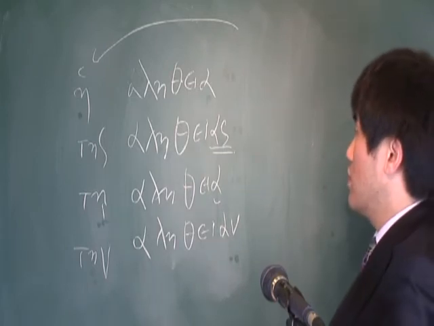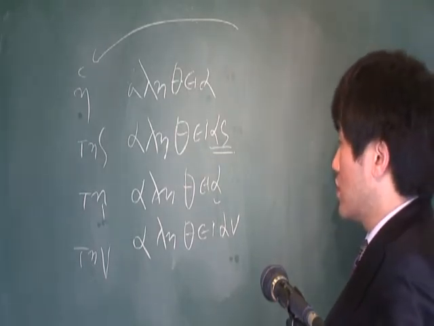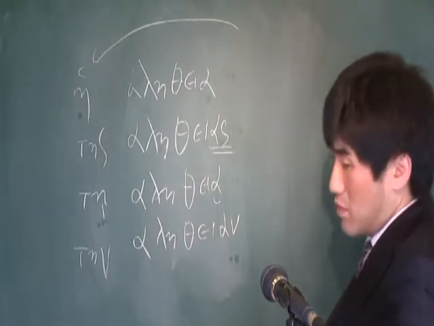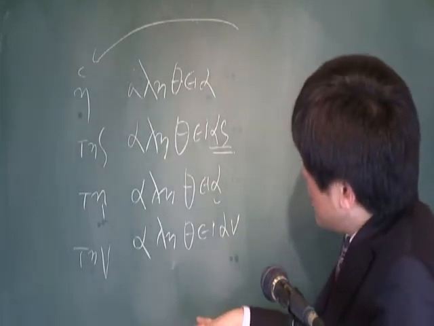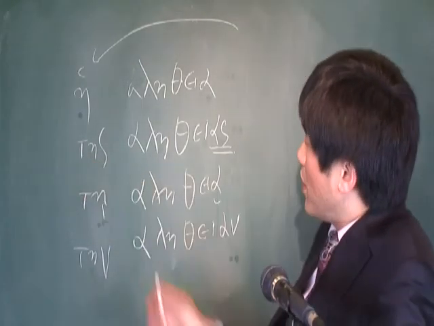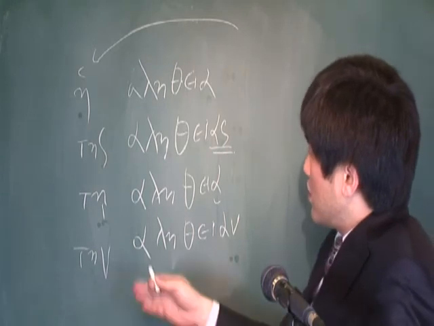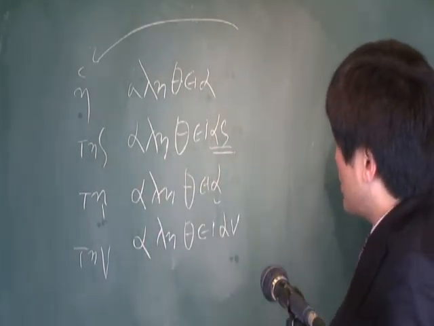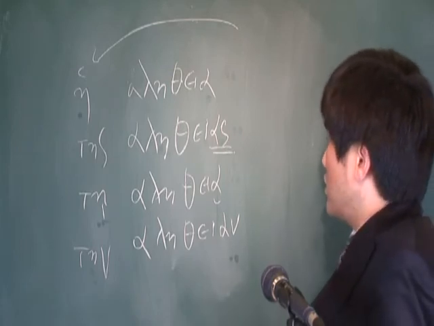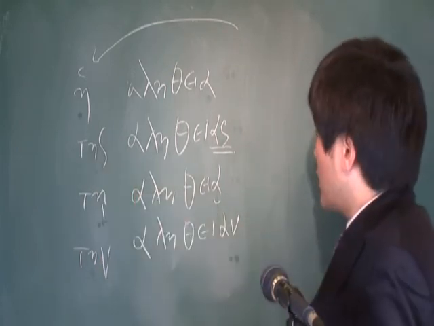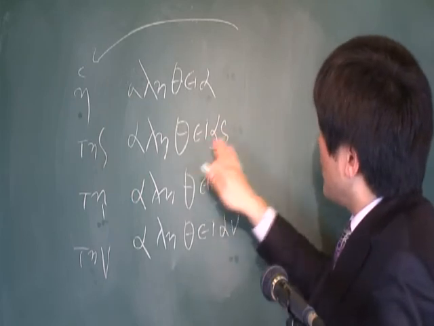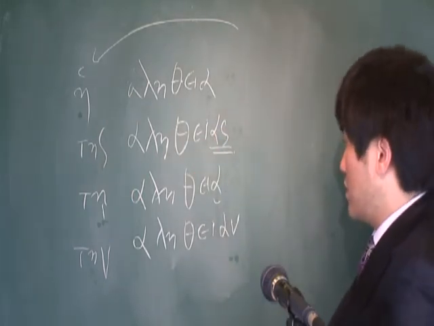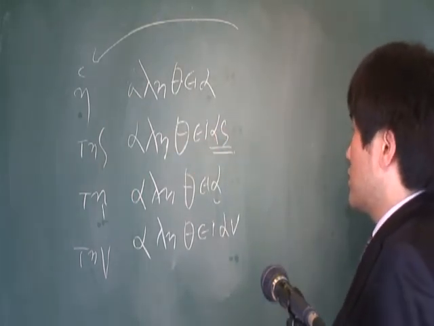The personal endings of the plural forms of doron are dora, doron, dorois, dora. Please read along. Dora, doron, dorois, dora.